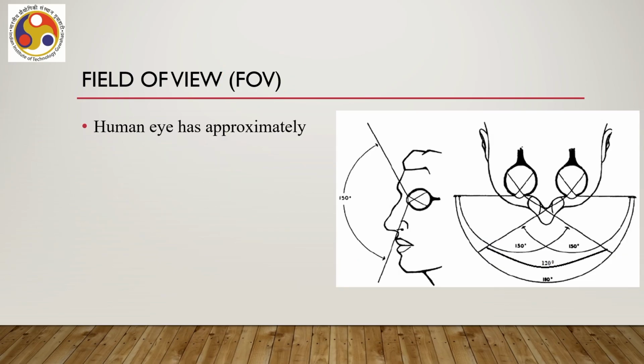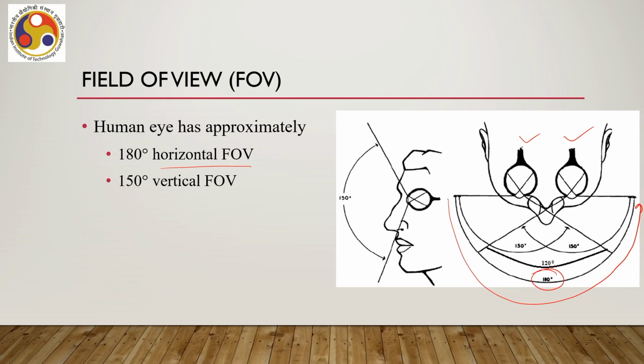So, the human eye has approximately 180 degree horizontal field of view as shown here. So, if these are the eyes, then we have 180 degree field of view horizontally, and vertically we have 150 degree field of view. So, within this range we can see things, utilizing both our central and peripheral vision. So, horizontal FOV is 180 degree, vertical FOV is 150 degree.